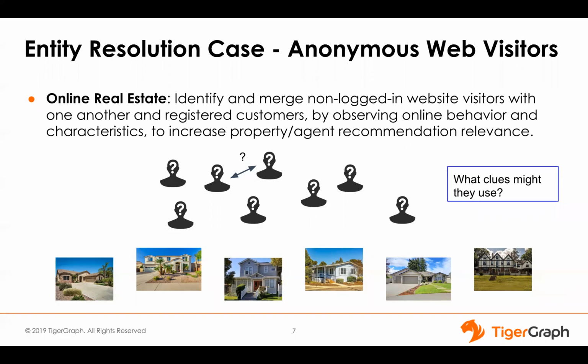But the problem is that means there's an awful lot of information about what these people are actually preferring, what are they looking at, to try and work out whether you can recommend the appropriate houses to them. So this is a classic recommendation problem where you want to recommend the relevant products to them. And equally, what you don't want to do is annoy them by giving them products they've seen before over and over and over again.